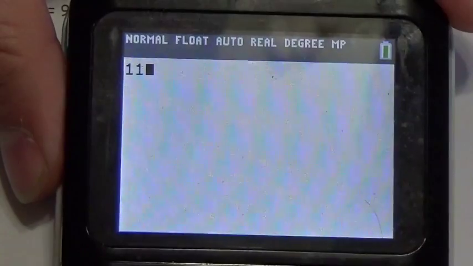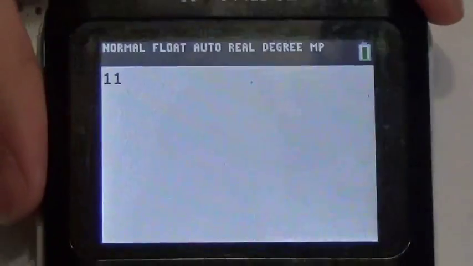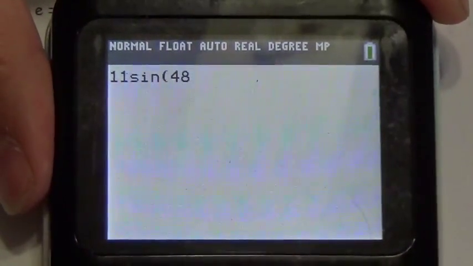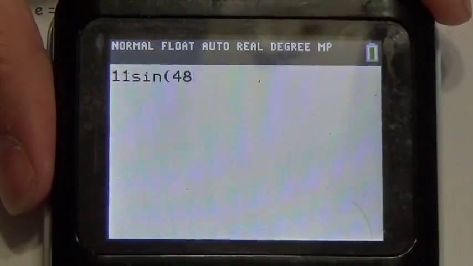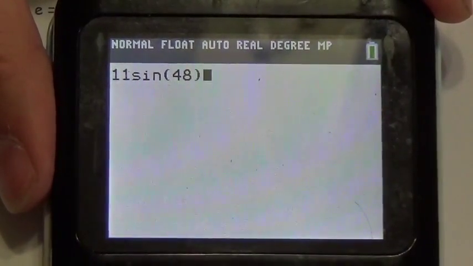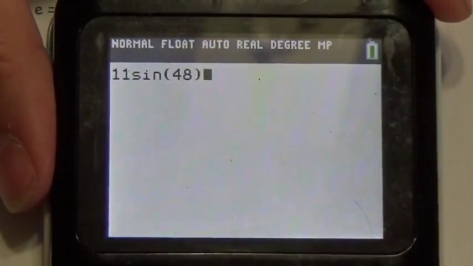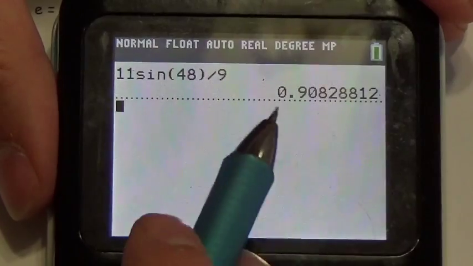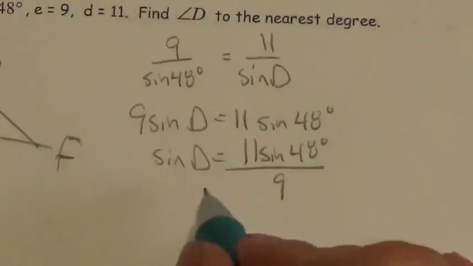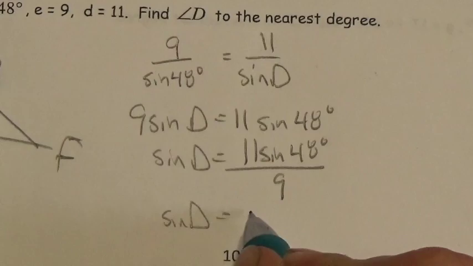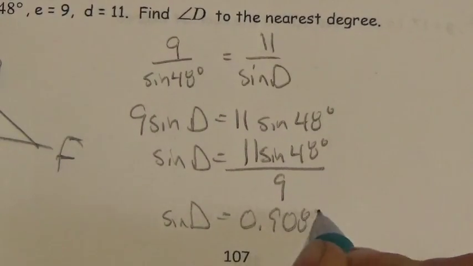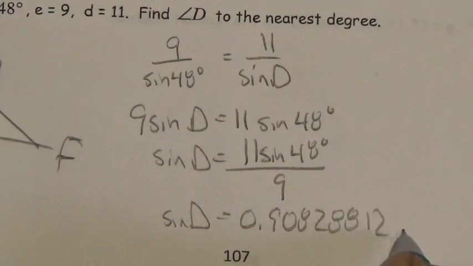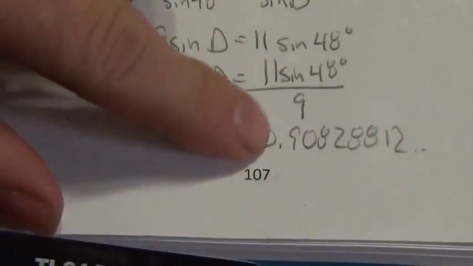And this is going to be 11 sine of 48. Now, it's a really common mistake to forget to close the brackets here. If you don't close the brackets, then you're going to be taking the sine of the wrong thing. You're going to be taking the sine of 48 degrees divided by 9. So you've got to close the brackets there and then divide this by 9. Okay, I'm going to press enter, and I get sine of d is equal to 0.9082812 and so on.